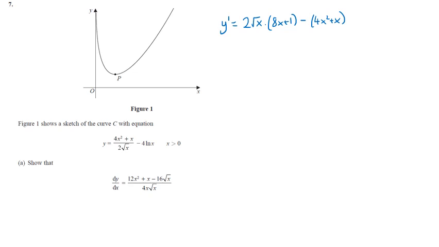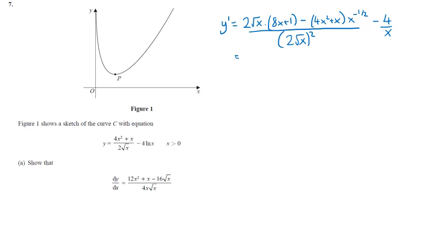So 2x to the half, the 2 and a half cancel, and we get x to the minus a half. Divided by the denominator squared. And then the 4 log x just differentiates to 4 over x.